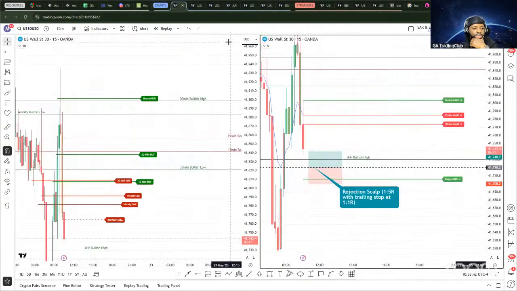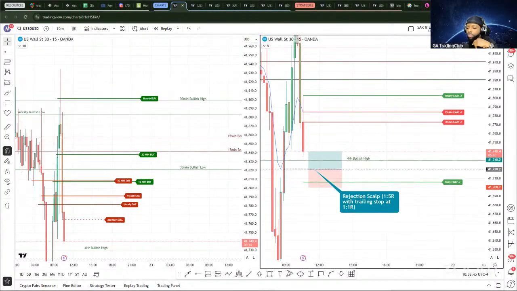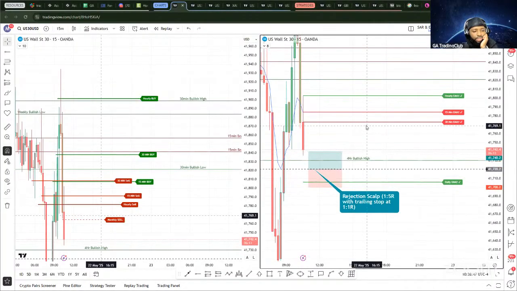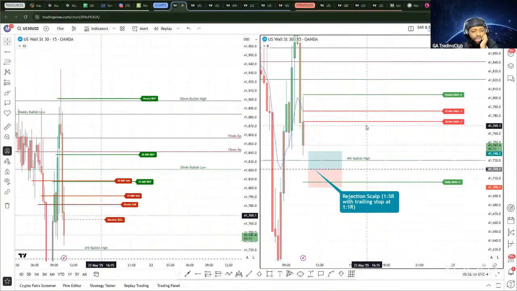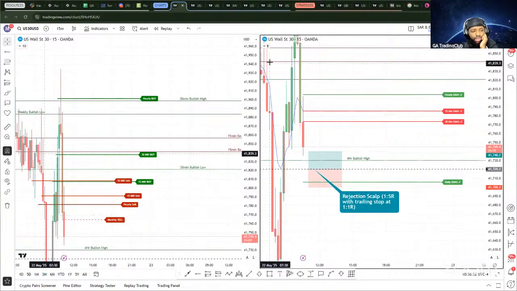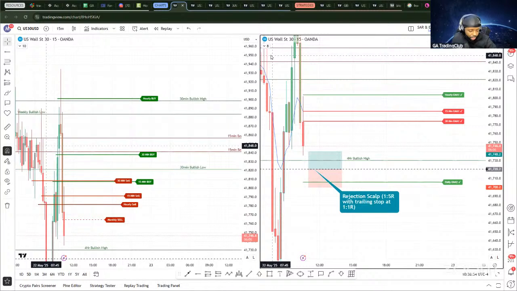Let's see what we get here. All right, so this one is a little tricky, but let's see. We already know the order block rejection scalp doesn't have too good of a win rate.